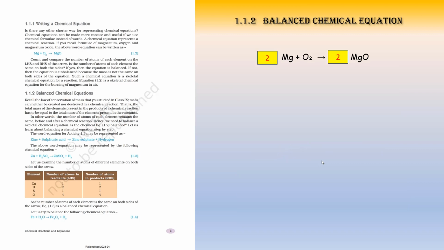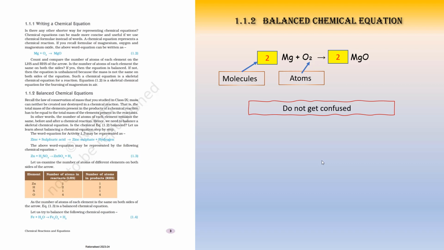Therefore, it is now a balanced chemical equation. You should not get confused here about the 2 which is written on the left of the reactants and the products. These are the molecules, while the 2 that is written as a suffix is actually the number of atoms. Many students get confused about the 2 put on the left and on the right.